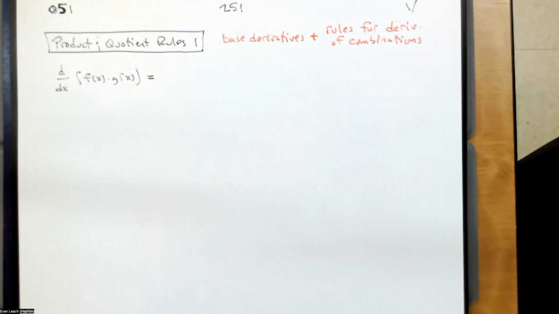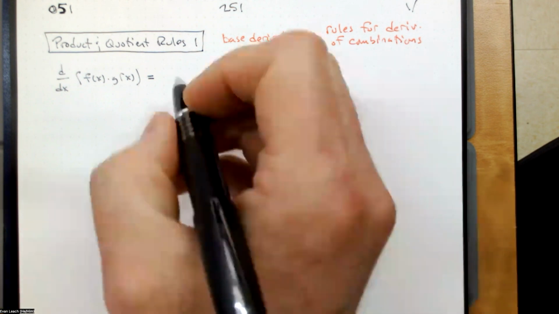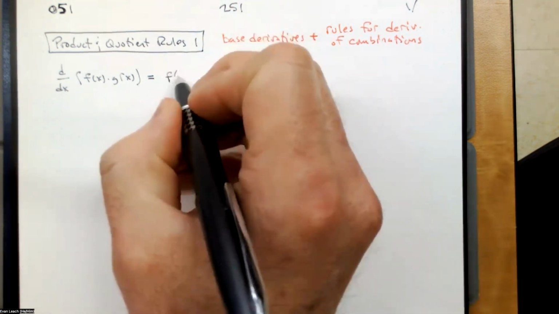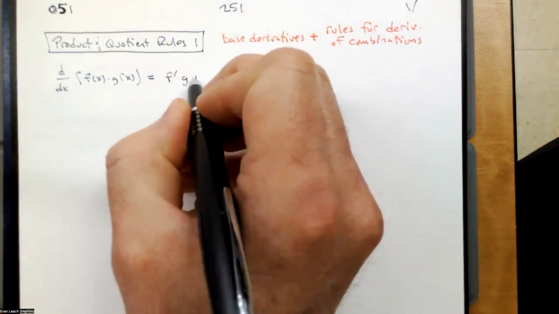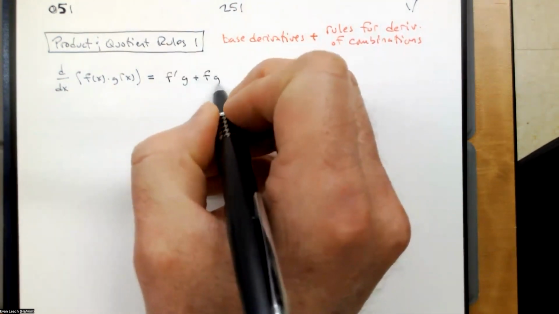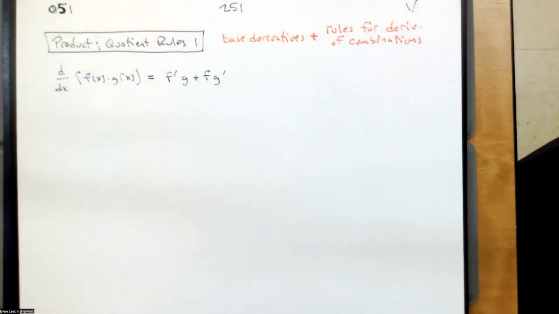And the way that I say it is I say the derivative of the first times the second plus the first times the derivative of the second. So those are the words that I use to remember the product rule. The derivative of the first times the second plus the first times the derivative of the second.